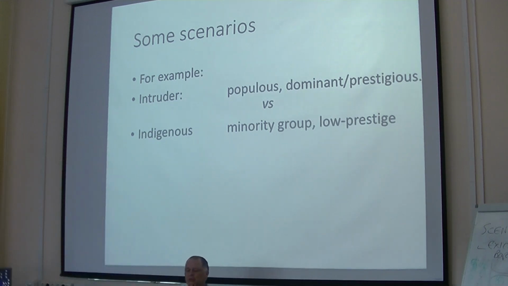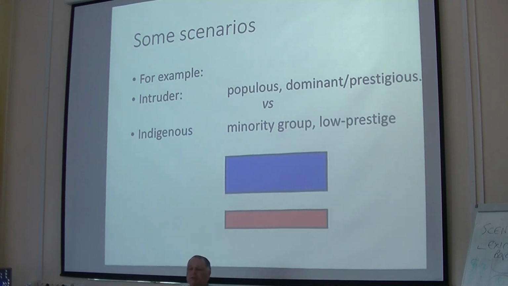So let's construct a possible scenario of what might be happening. With the intruder, the group that's not indigenous, there are very many of them, and they bring a prestige language compared to a low prestige local language. We might see a situation where those locals are just sitting around minding their own business, when from the other side, we see a much larger linguistic group arrive.